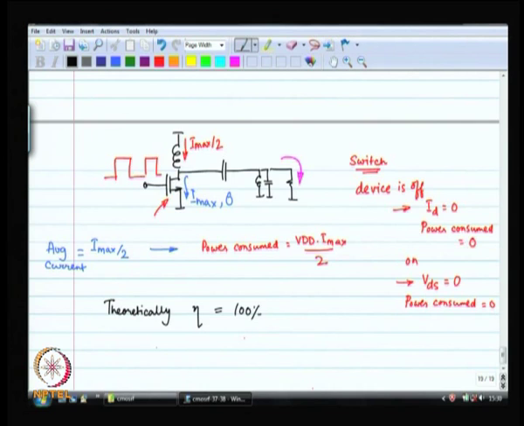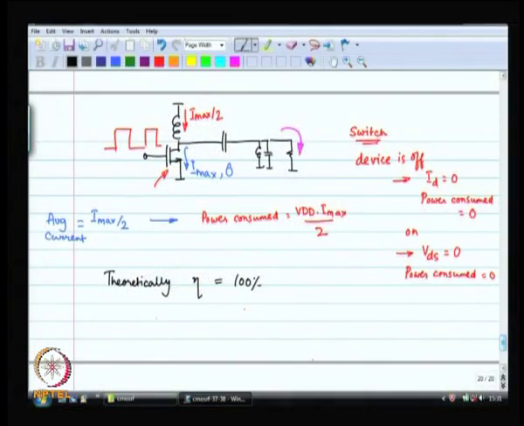Now, is this correct? Think about it once again. All the power is being delivered to the load. So, therefore, what I am saying is that the efficiency is 100%.